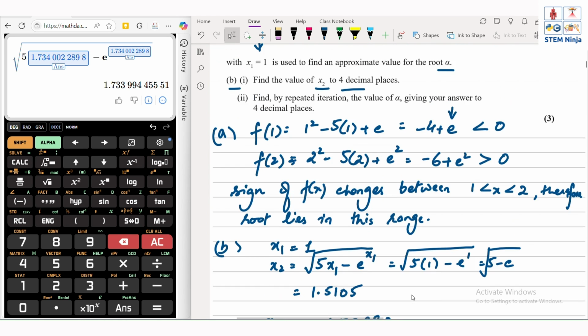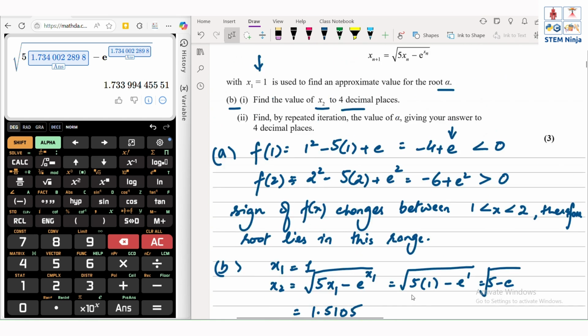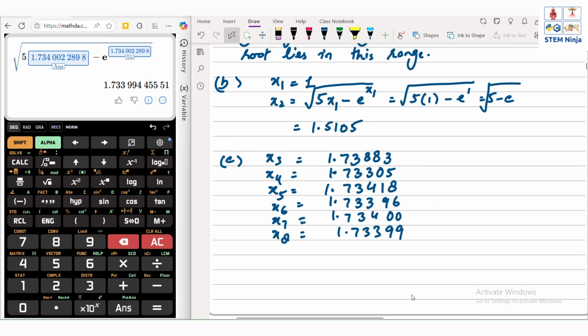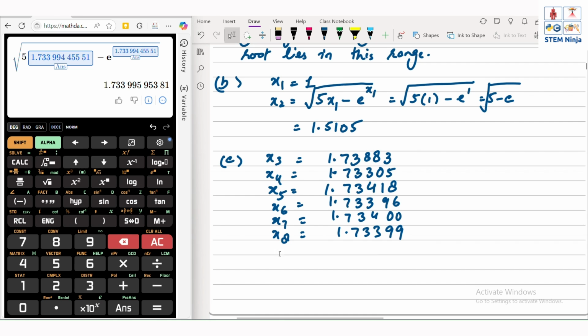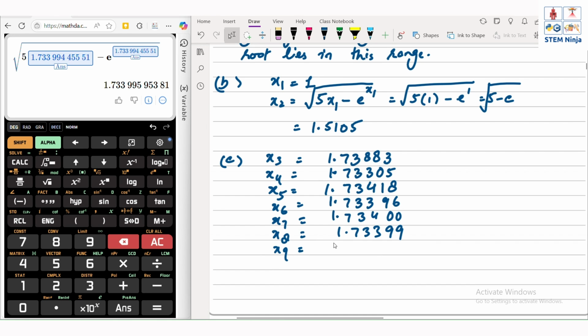All right, so we need it to 4 decimal places. So that means we need to keep looking at the fifth decimal place also. Where the fourth decimal place starts to become constant and the fifth decimal place is not able to round it up, then that would be the case over here. As we keep going, you can see the values will start to become constant.